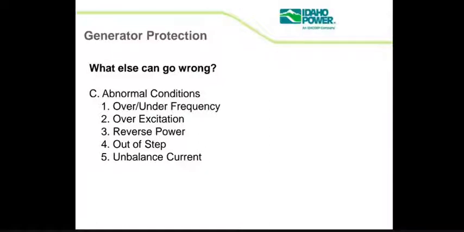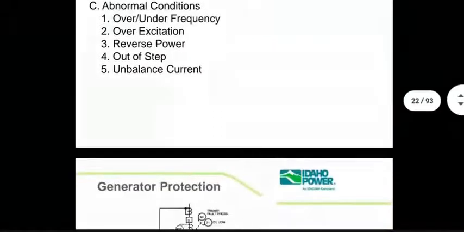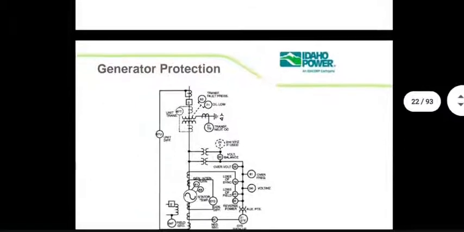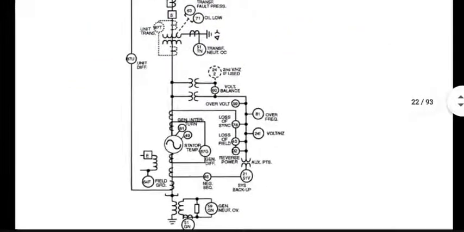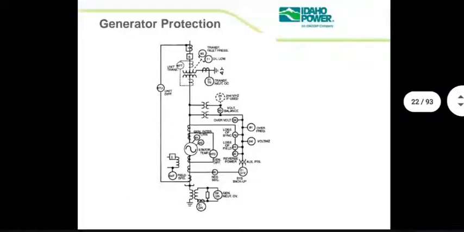Too much flux is being produced or too less flux is being produced by the rotor. That both possibilities remain. Out of step, one generator phase is not in sync with the other generator phase, and so on. A lot of things that can go wrong. A lot of circuits are around to take care of these problems.